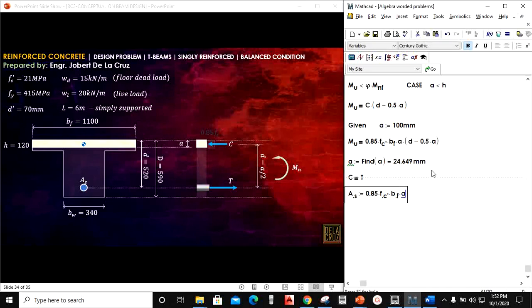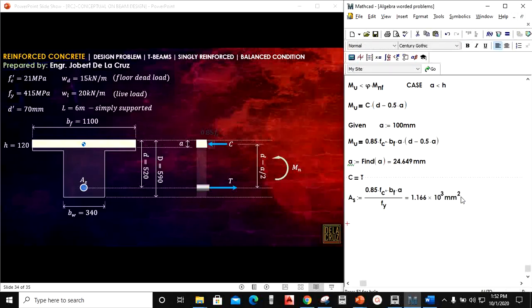We have the value of A here. Then, i-divide ko siya by fy. Okay, klaro? Ito lang yun. Itong C is equal to T. Then, cross-multiply natin yung fy. Then, ito yung magiging value ng ating As.